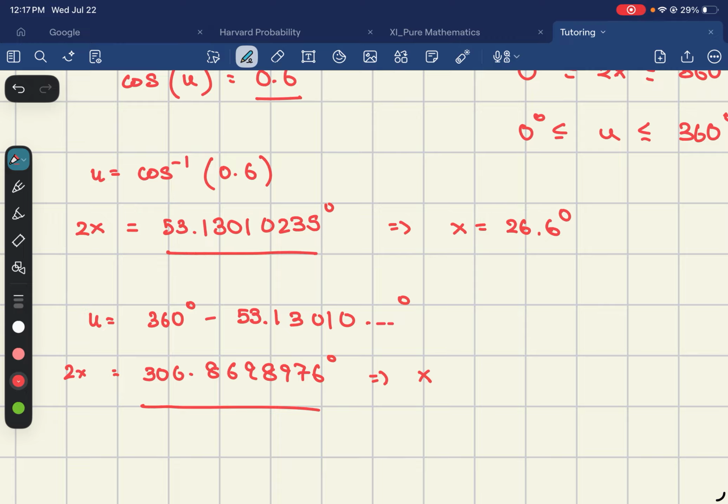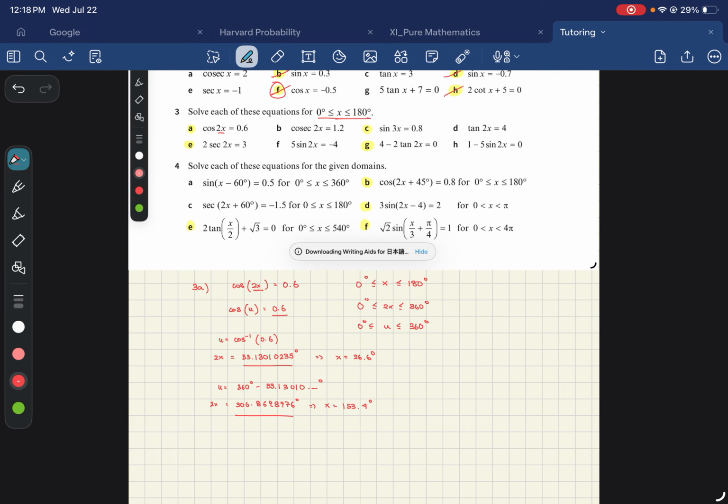Sorry, I pressed the graph option on my calculator and now it's stuck trying to plot a graph that I don't think exists. For the other expression, it's going to be 306.86 divided by 2. That gives me 153.4 degrees. So those are going to be my two solutions, 26.6 and 153.4 degrees. All right, so we're done with A.